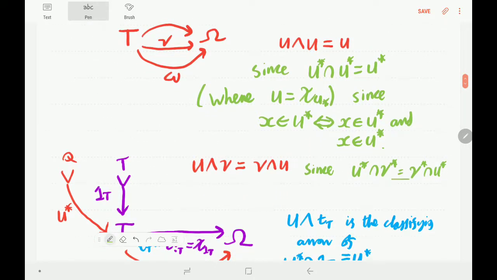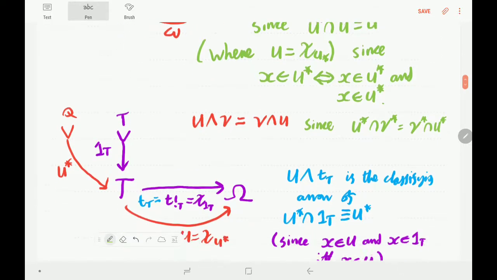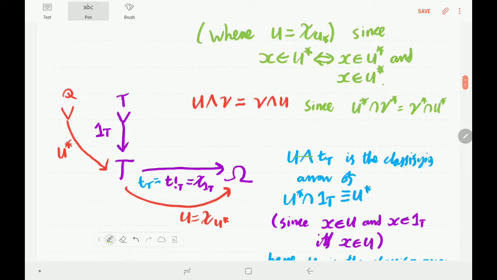We also have, because u star intersection v star is v star intersection u star, that u and v is v and u. And we also have that u and true is u, because u star intersection identity is u star.